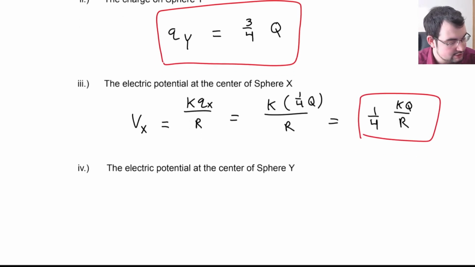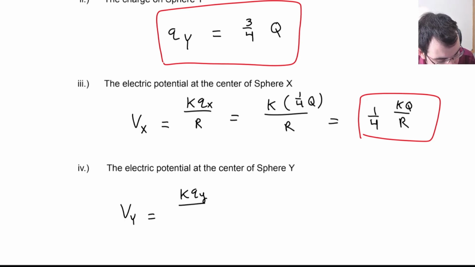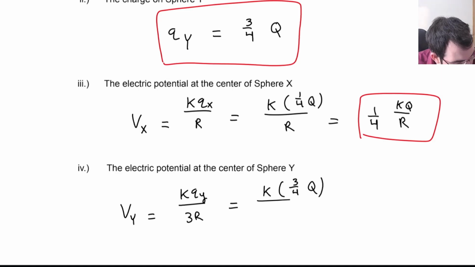And then this should match for sphere y when we do kqy over 3r. So let's check that. Qy we said was 3/4 and 3r, so we do actually get that, right? Because the 3 and the 3 cancel, so we get 1/4 kq over r.